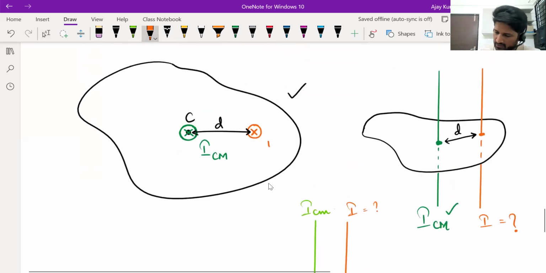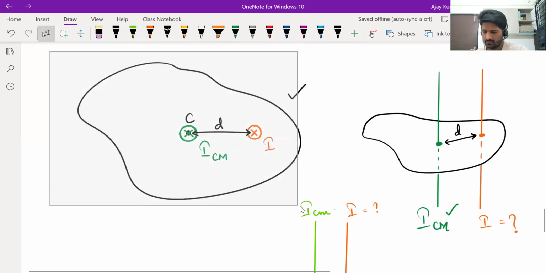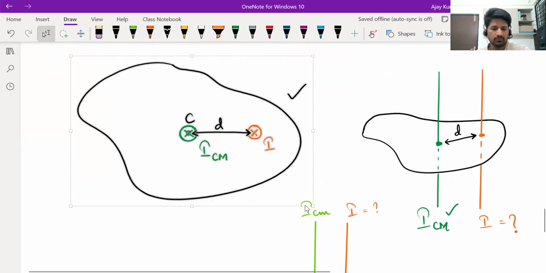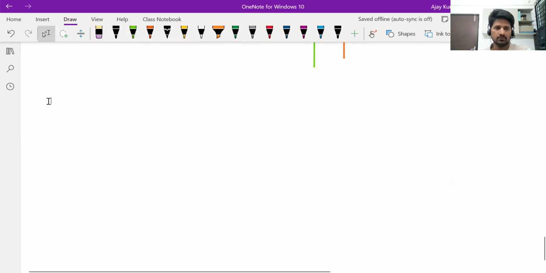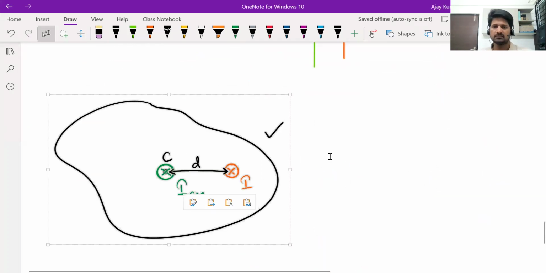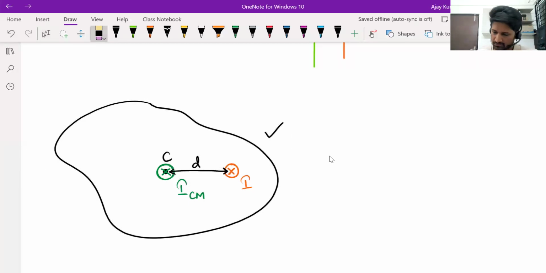Let's call moment of inertia about this axis as I. Follow the derivation carefully, all of you, because this analysis is important, like how we are going to derive this. We'll be using some interesting ideas also in between. Let me just mark that one point, orange point, through which the axis is passing.